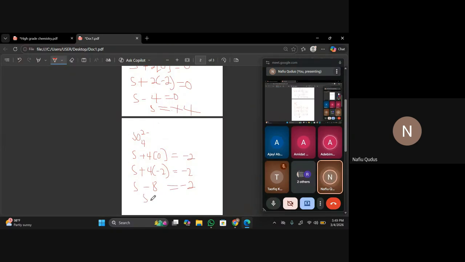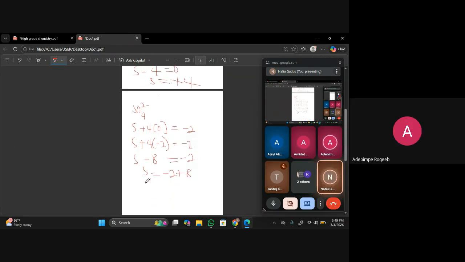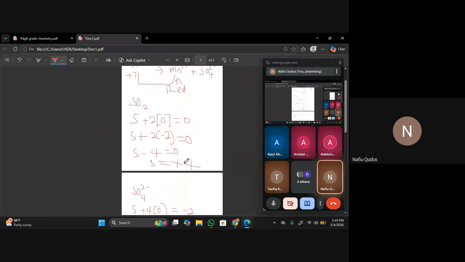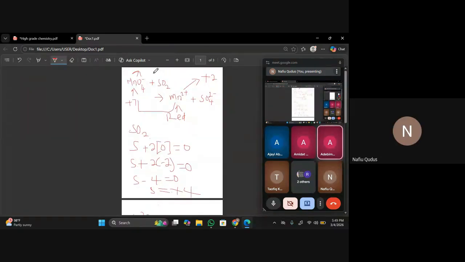That's S equals minus 2 plus 8, which is plus 6. We have plus 4 here, and here we have plus 6.